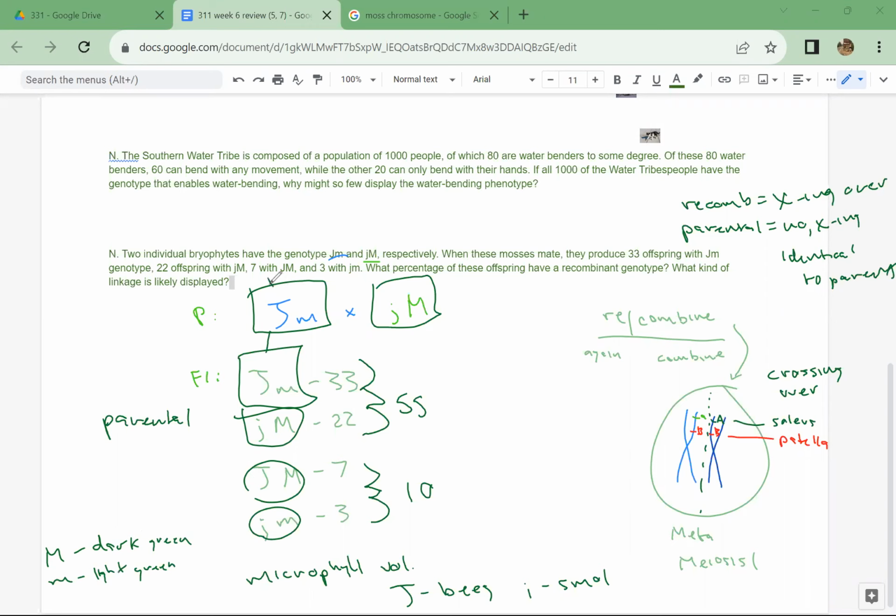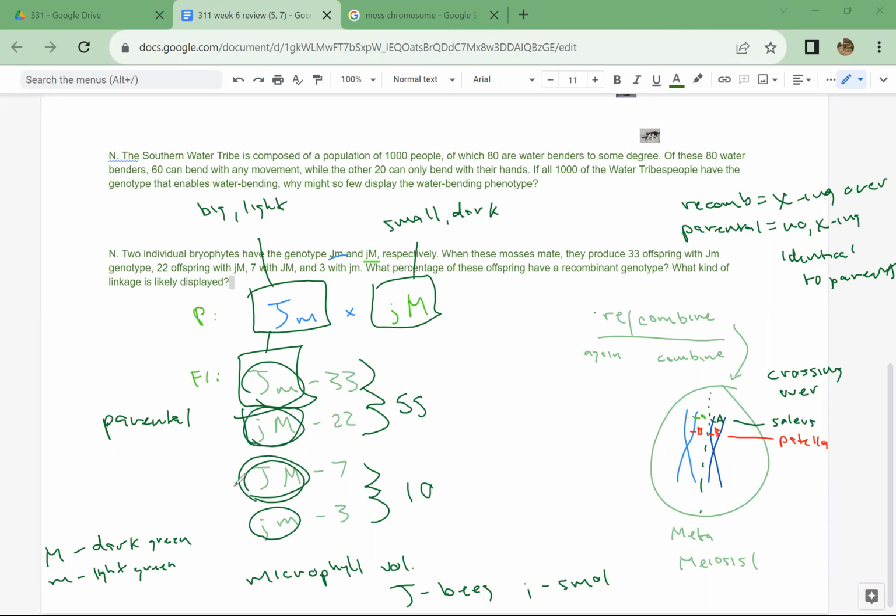So this parent, because of capital J, would have had larger microphylls, so they would be big and light green. This parent would have been small and dark green. Looking at the offspring, this offspring is also big microphyll with light color. This one is small microphyll with dark color.